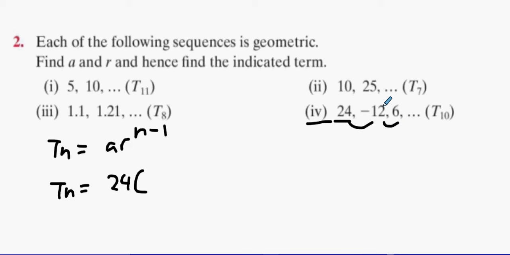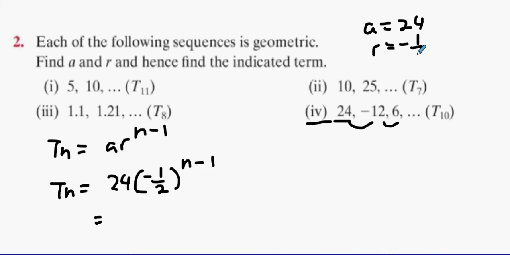What's 6 divided by minus 12? Minus a half? You're halving it and changing the sign every time, aren't you? So we found A and R, didn't we? A is 24 and R is minus a half.